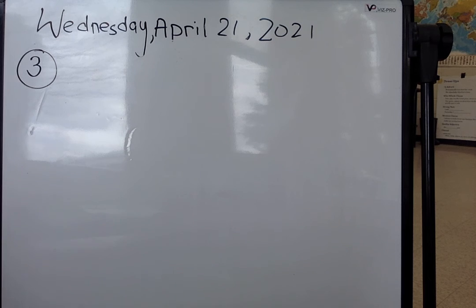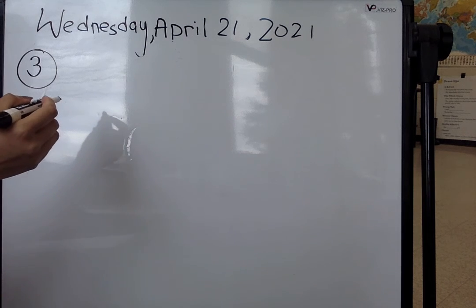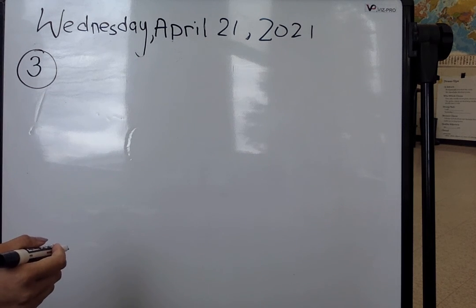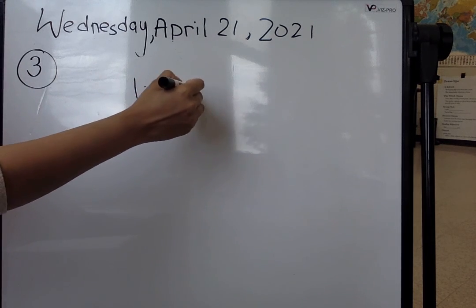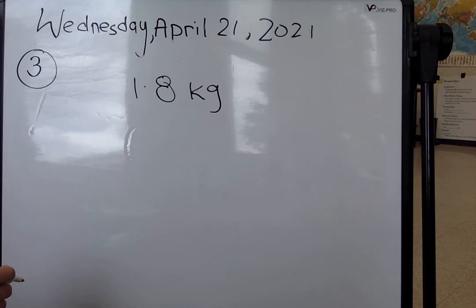Okay, so what do we need to do? We need to add them up. So how many packages are there? There are 4 packages. One of them weighs 1.8 kg, right? The other 3 packages weigh 2.05 kg.